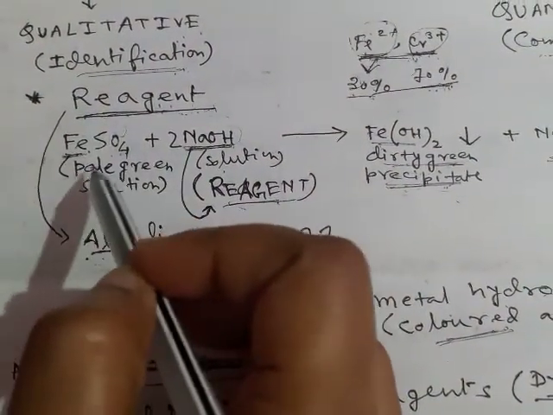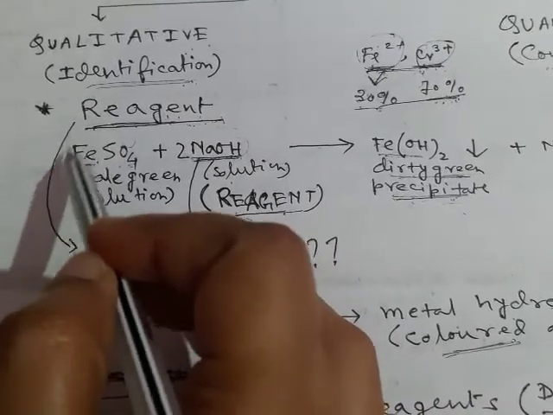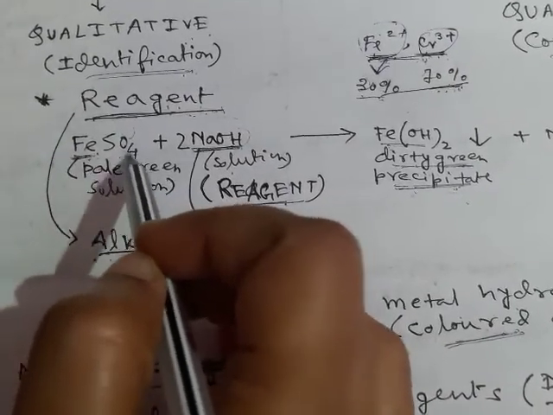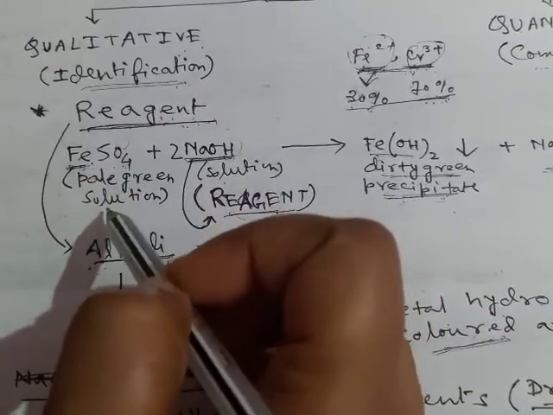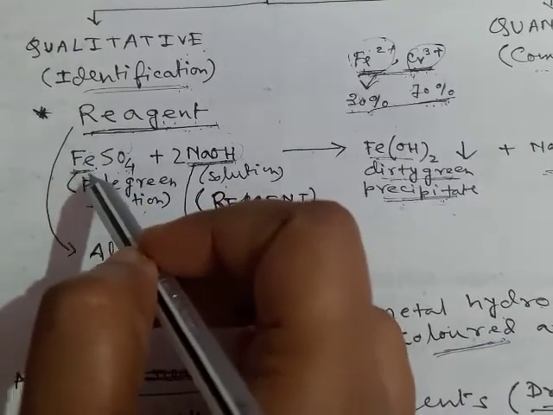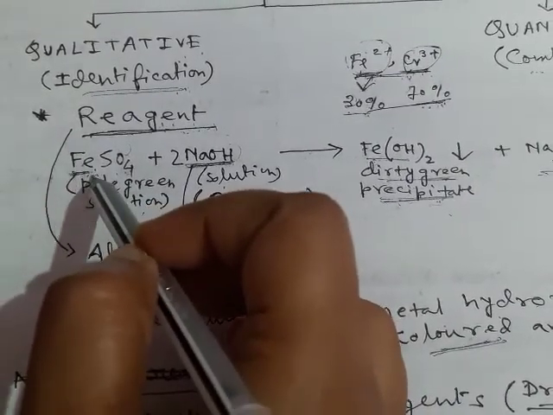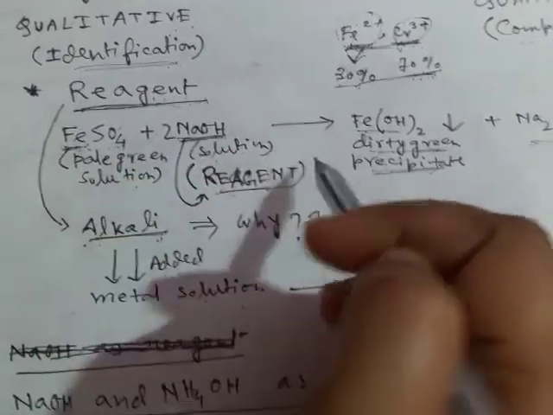For example, say I am giving you a sample solution which contains ferrous ion, that is ferrous sulfate, and this ferrous sulfate solution is pale green. Now you have to determine the ferrous ion that is unknown to you in that given sample solution.